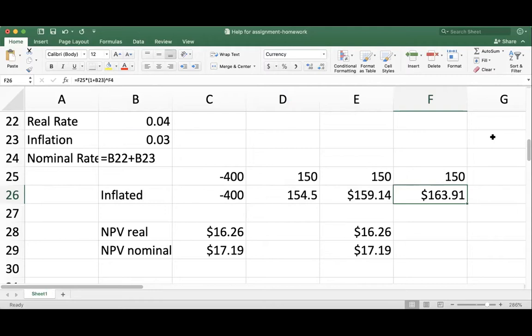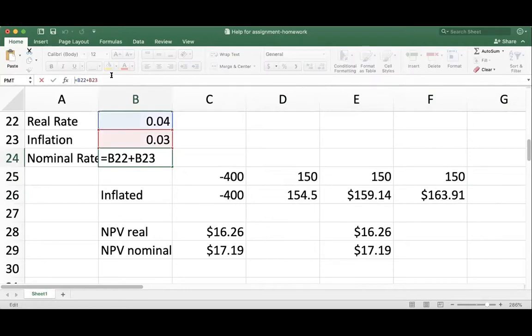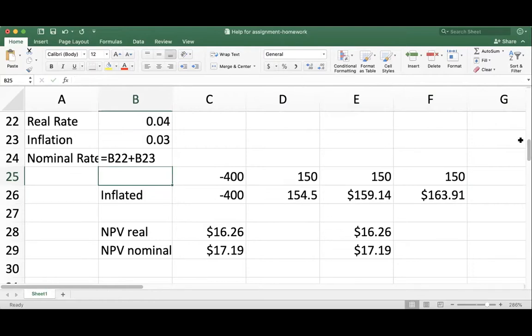And some of you are having problems because you're not putting in what it is. So again, this has been inflated, so I discount it using the nominal rate. Why is that not going away? What it should be doing is adding for me.